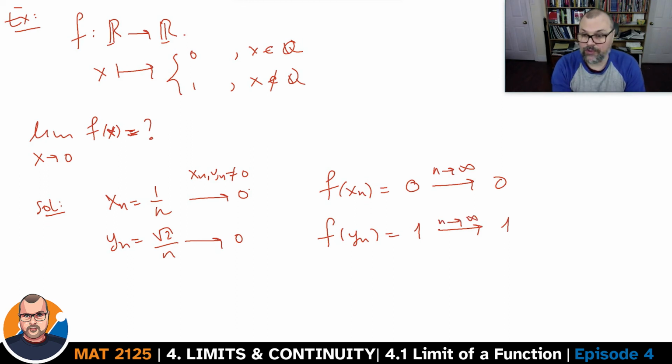And now we have two sequences that both go to 0, none of which are ever equal to the limit point 0 in question. But the function evaluated at these terms gives us new sequences which converge to two different values. According to theorem T6, the limit here cannot exist.